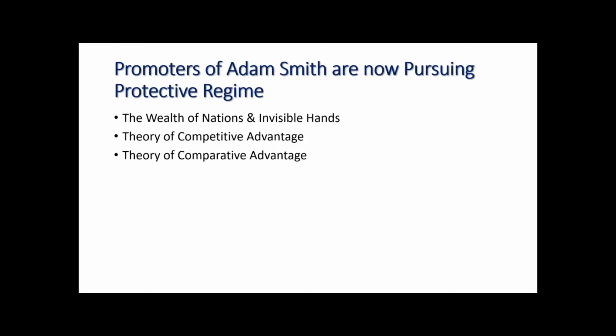As for the theories of competitive advantage and comparative advantage, the US was the number one promoter of these two theories. And these two theories kept the third world at a poor level. Why? Because the focus of these theories is to do what you can do best. And since the third world missed the bus of technological development, it is mostly dependent upon agriculture and primary industry.